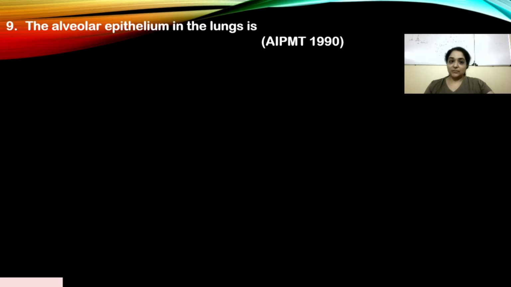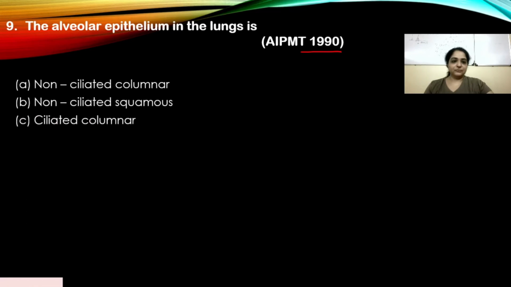Alright, question number 9. The alveolar epithelium in the lungs, this appeared in 1990. Let's look at our options A, B, C, and D. Again, pause the video and write down what you think is the correct option and come back to this video.